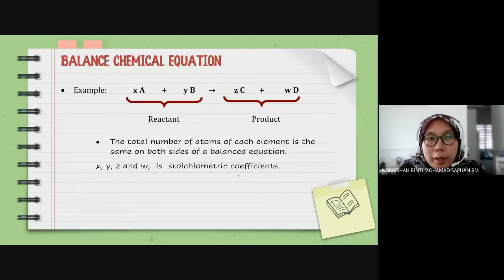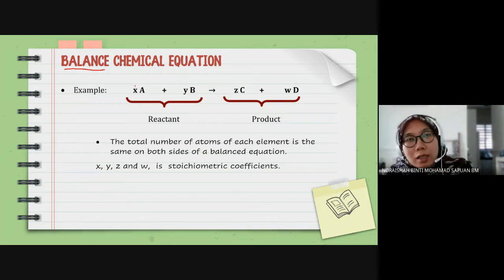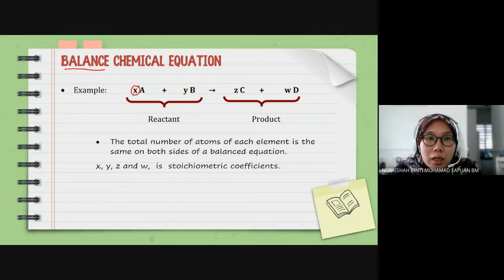Apa itu balance chemical equation? Persamaan kimia yang seimbang bila mana kita ada satu persamaan di mana elemen sebelah kiri, in the left side is the reactant and at the right side is the product. So di bahagian reactant ni kita ada simbol X, which is stoichiometry coefficient.